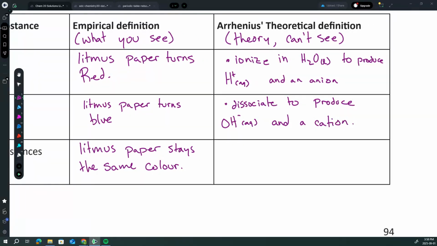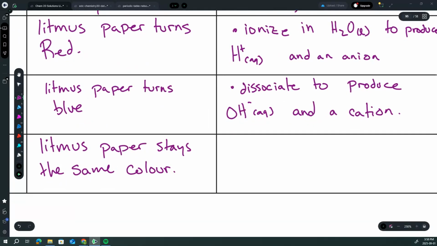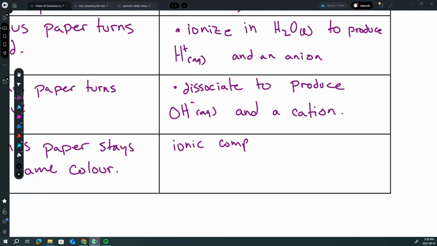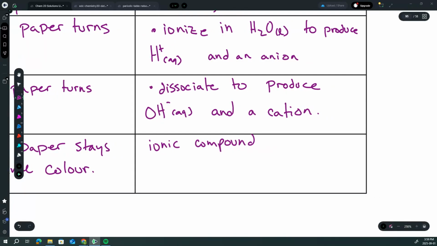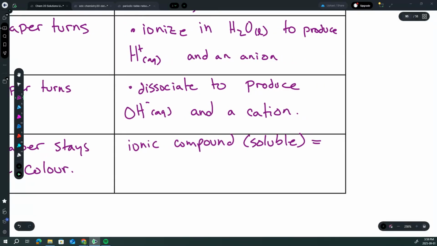And if it's a neutral molecular compound, which is not an acid, it is not going to ionize. So when I say ionic compound here, because we're talking about neutral substances, it's an ionic compound that is not a base, because some bases are ionic. They also have to be soluble. It's going to dissociate.